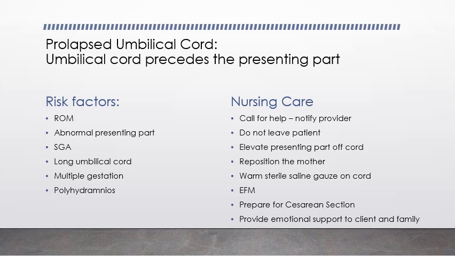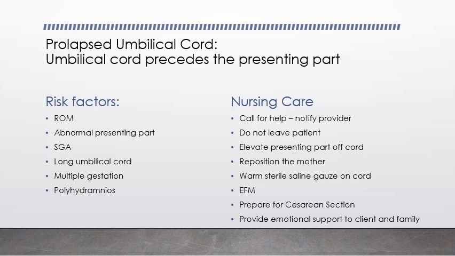Babies that are small, they're not as big. They don't fill the pelvis as much. Babies that have a long umbilical cord, there's more to prolapse. Multiple gestation, pretty much because there's more cords, and there's also a higher incidence of an abnormal presenting part.